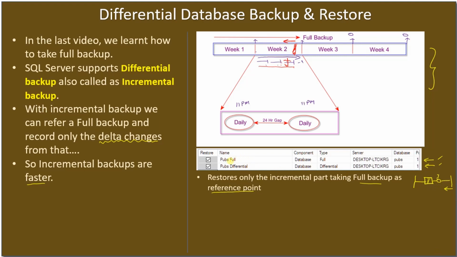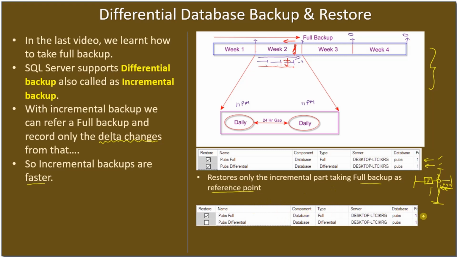When you pick both full as well as incremental, since we have the reference for the full backup as well as incremental backup both ticked, the restore will go up to here and revert the transaction in between this period, right? So your database will be restored up to this point, to the incremental point.